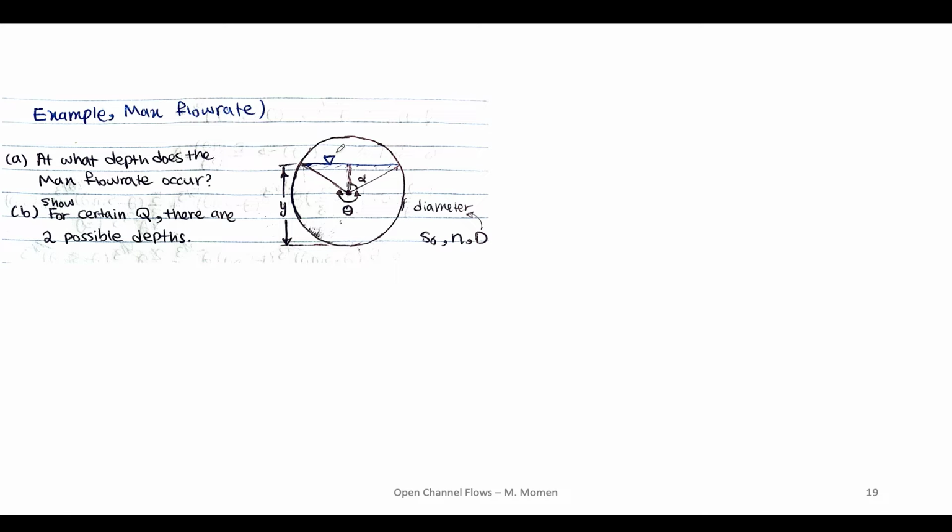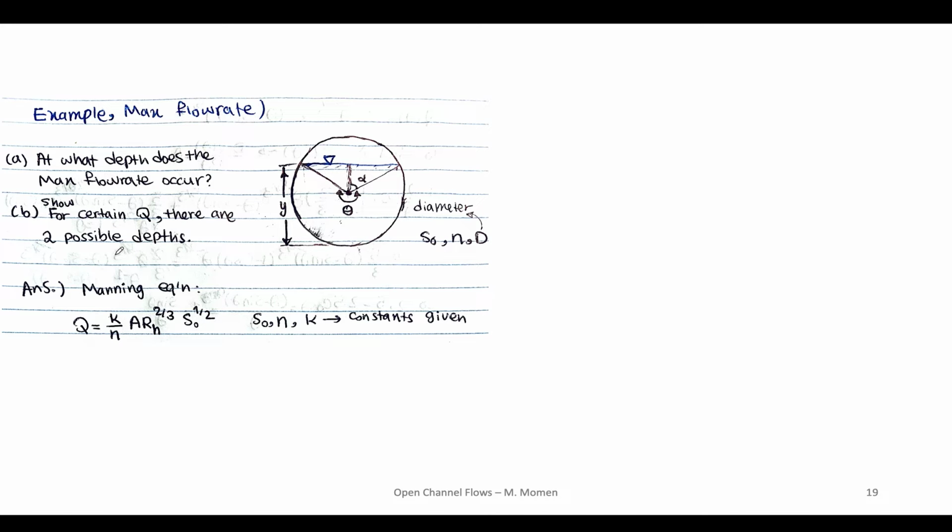So we start with Manning's equation to find the flow rate, because we want the flow rate in this open channel flow. And so this is the Manning's equation: k over n, n is Manning's n. k depends on whether we are using the SI or British system.